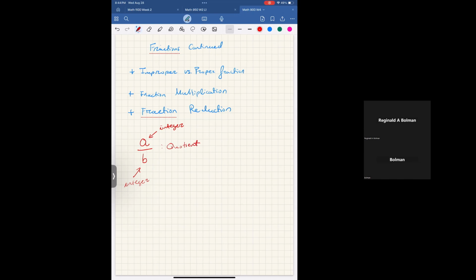And the quotient has a couple of properties. One of the properties is that if you have a quotient and A is greater than or equal to B, then we call it an improper fraction.